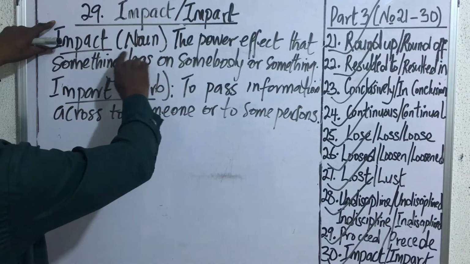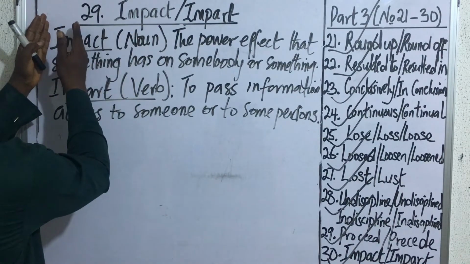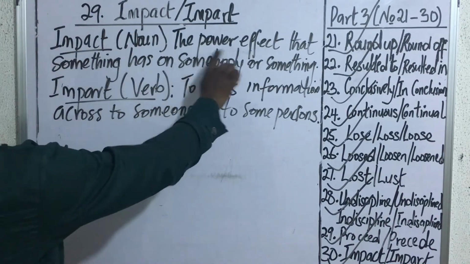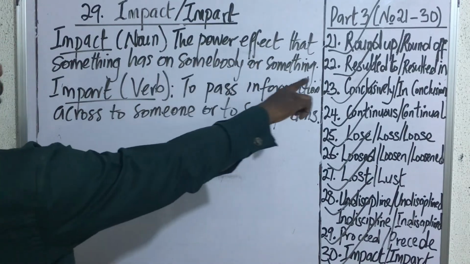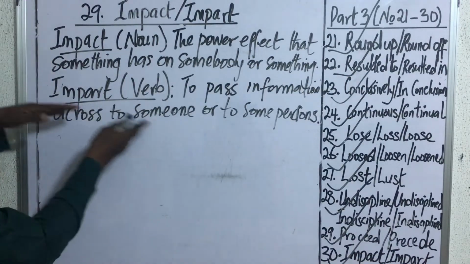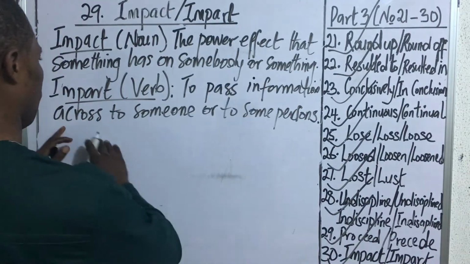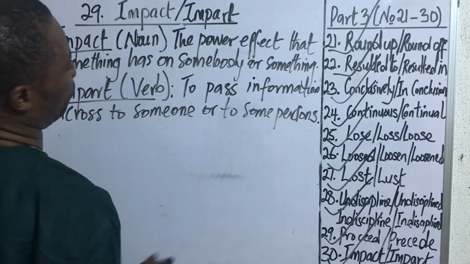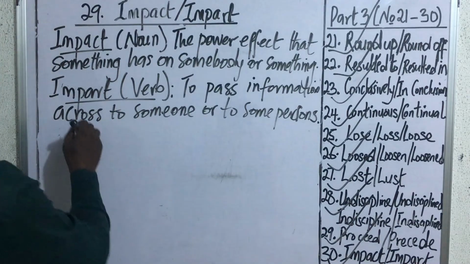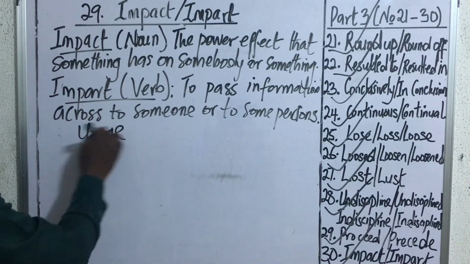So this is what we mean by these two words. Impact is a noun, so the first syllable is stressed. Impact is the powerful effect that something has on somebody or something. Then impart, this one is a verb, which means to pass information across to someone or to some persons. All right, now let's look at their usage.